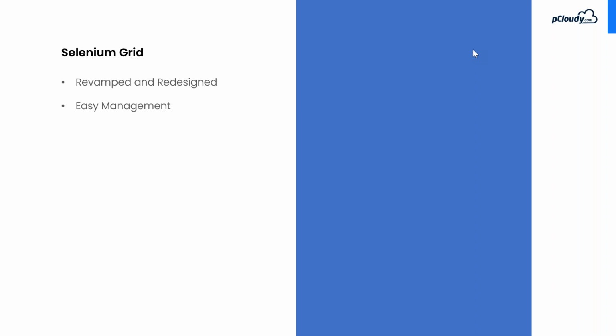Selenium Grid is completely redesigned and revamped. It's one of the components of Selenium which helps us in distributing the test execution. Whenever we have to run our tests on a combination of browsers, operating systems, or even on different machines, we can take help of Selenium Grid, and it can also help us do parallel execution.